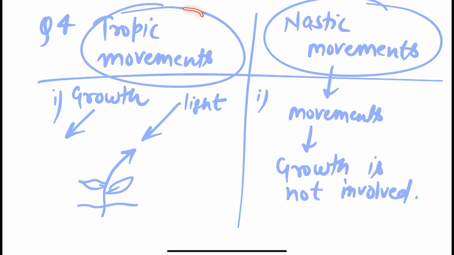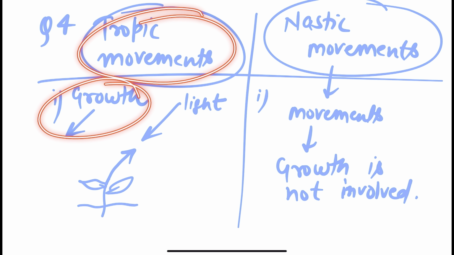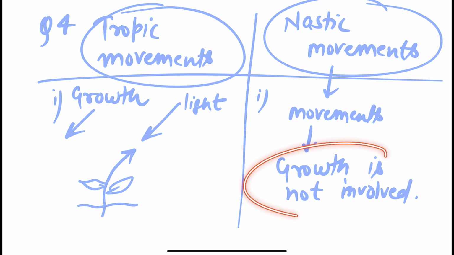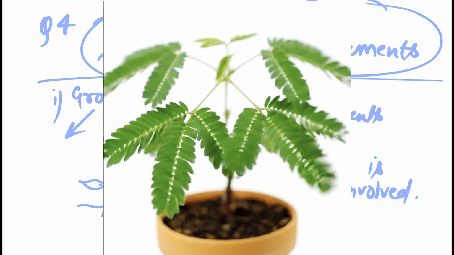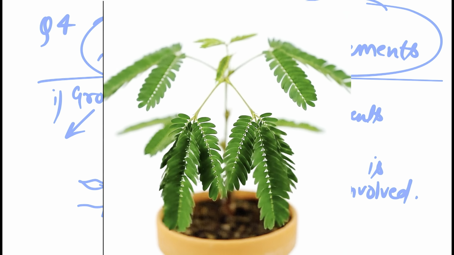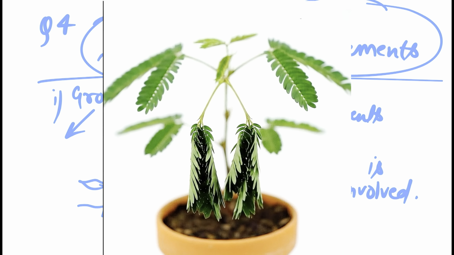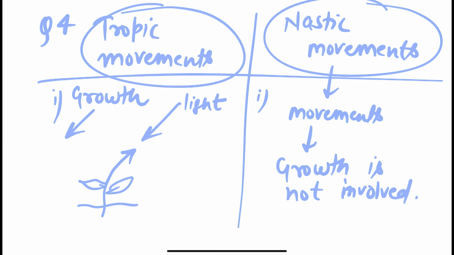In case of tropic movements, the growth is involved, but in case of nastic movement, the growth is not involved. And right now, on your screen, you are able to see a nastic movement. When we touch the leaves of a touch me not plant, the leaves just simply close. It's a movement, but the growth is not involved in this kind of movement, so it's a nastic movement. So this is the first difference between the two movements.